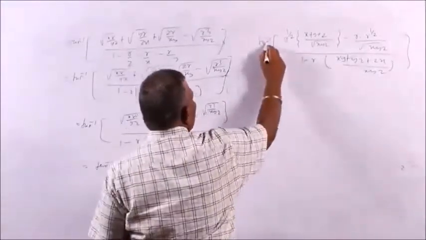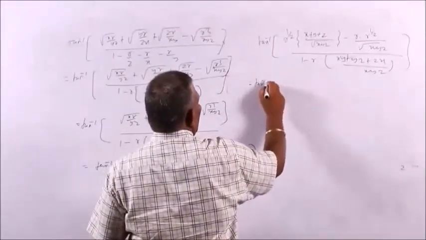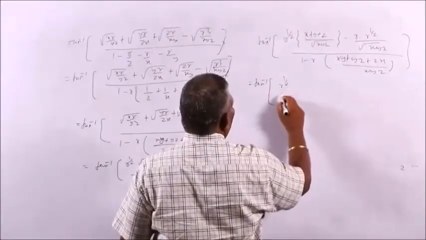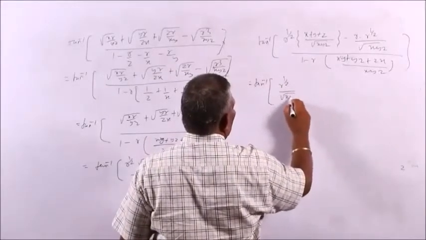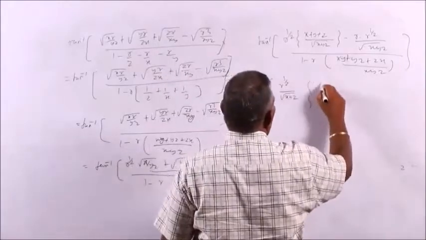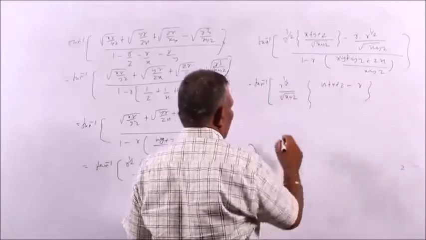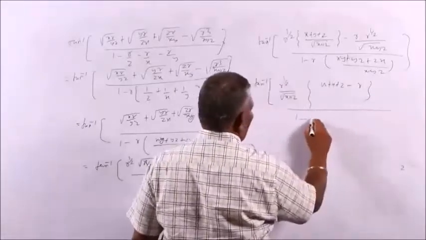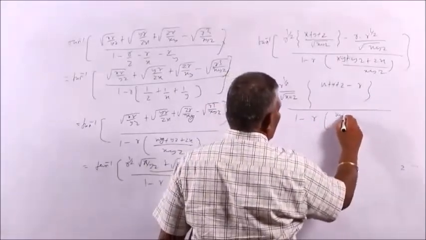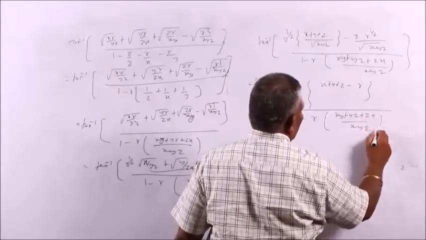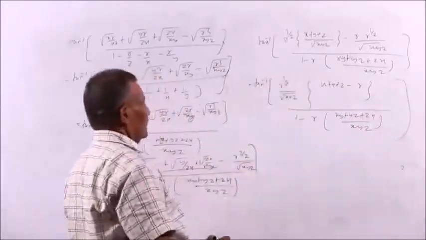So that is tan inverse. Taking r to the power half common by root over xyz, we have (x plus y plus z minus r) whole divided by 1 minus r (xy plus yz plus zx) divided by xyz, like this.